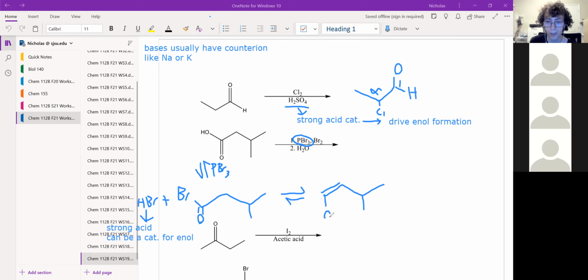So we get this enol. And then the enol can react the same way it did before with the Br2. The enol is a nucleophile, bromine is an electrophile. So that will put a bromine on the alpha spot.